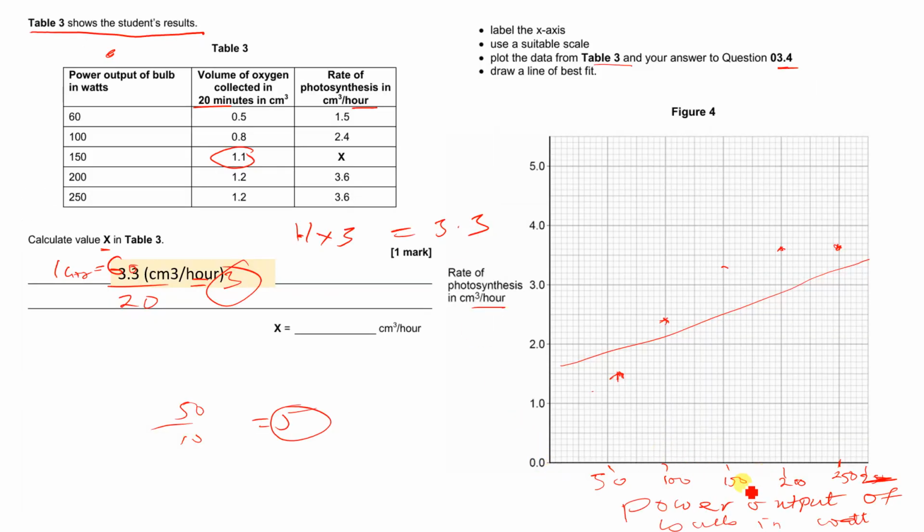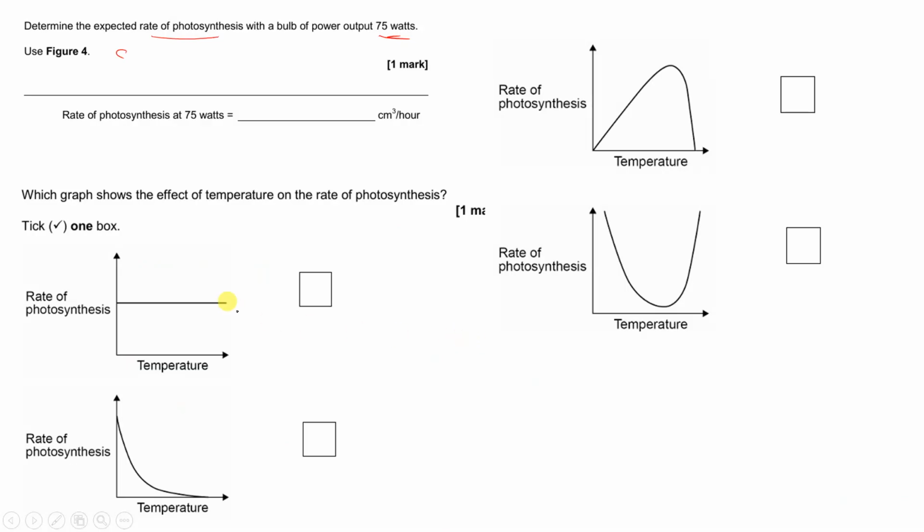So 75 will be here. All you need to do is trace it to where it touches your line of best fit. So if I trace it down, it touches the line here. I take my reading, that's 20. So you can just put in your 20 there.